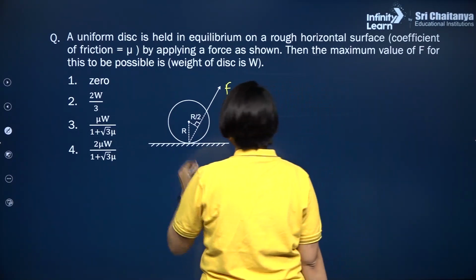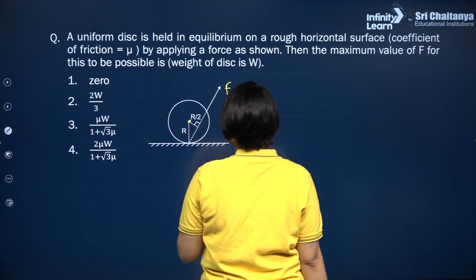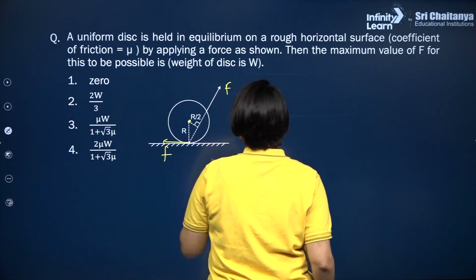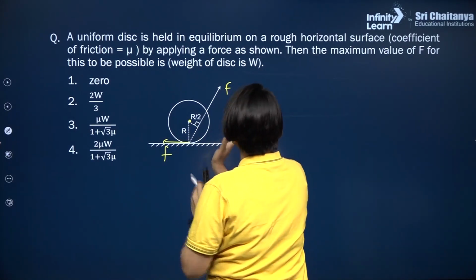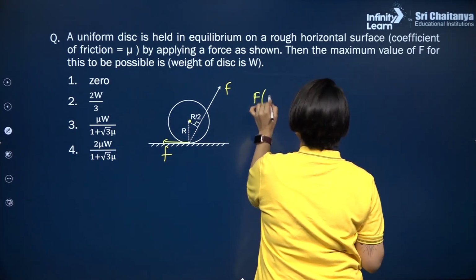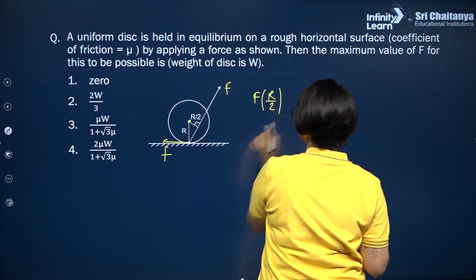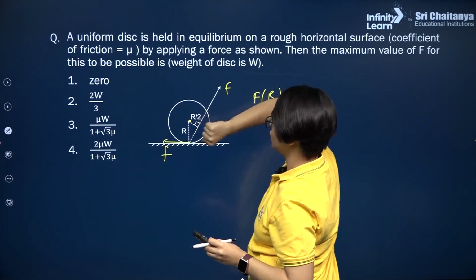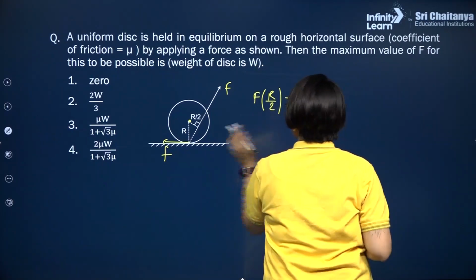So, the net torque about this point is 0. Friction is this, and the torque provided by this force will be r cross F outside. So, it will be F into r by 2, and the torque provided by this friction is r cross F into the plane. So, both are in opposite directions.